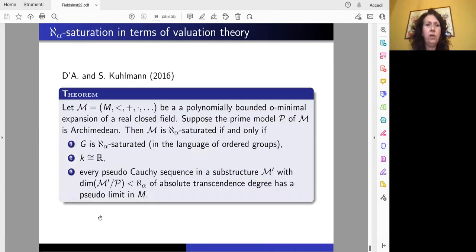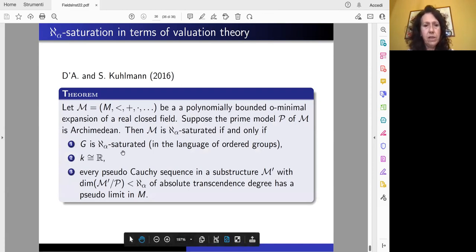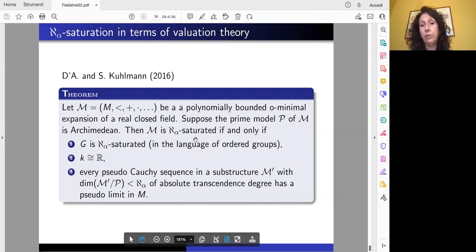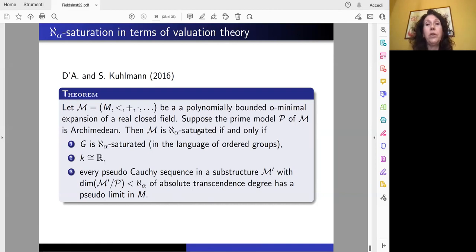I conclude with the following. This is the last one. We saw the characterization of aleph-alpha saturation in terms of valuation theory, and also what we got for recursive saturation. With Salma, we managed to get an analogous result for any polynomially bounded or o-minimal expansion of a real closed field.